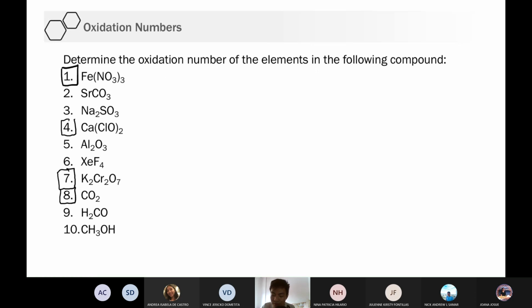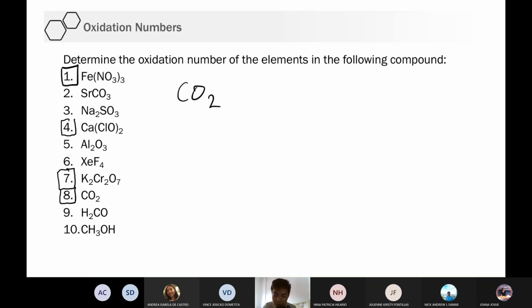Okay, so we have CO2. Hindi siya ionic compound kasi wala tayong metal. So this is a covalent compound, no? Wala kang gagawing criss-cross diyan.